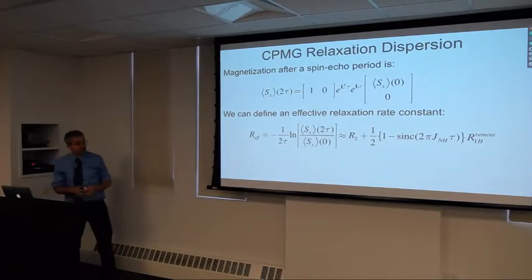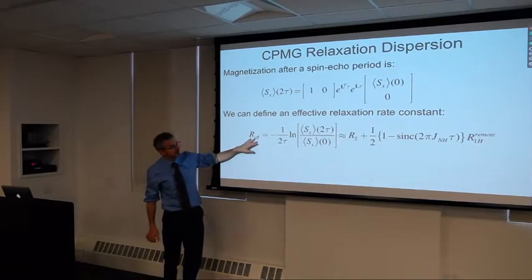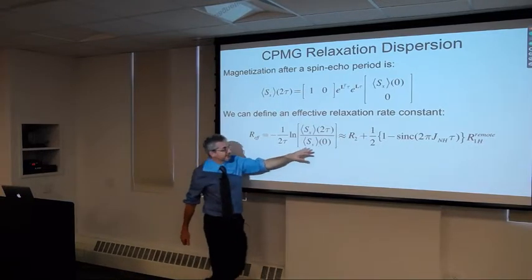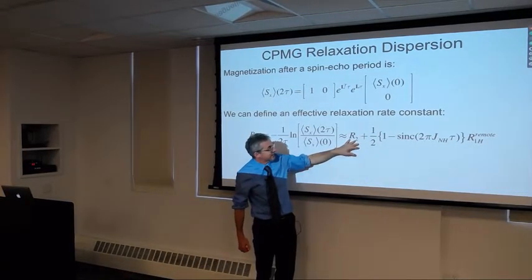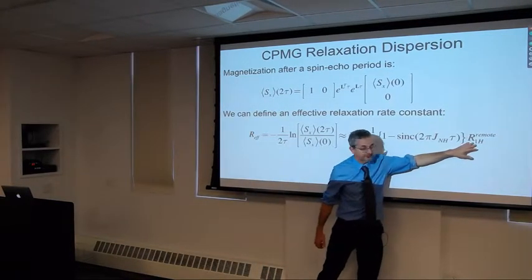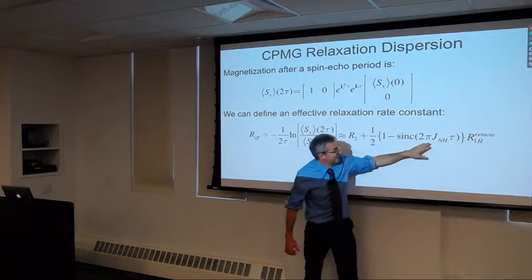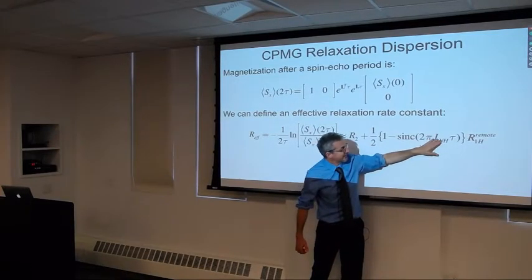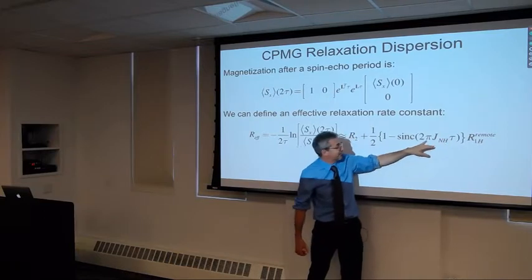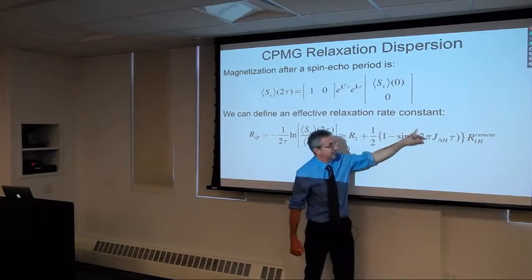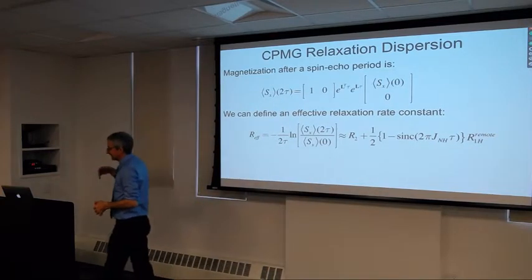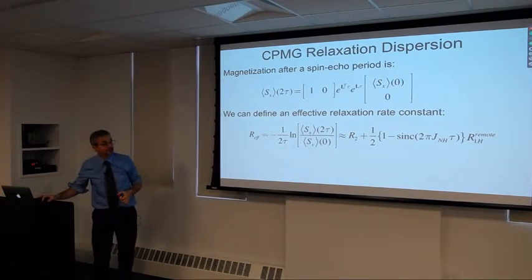And that leads to the definition of an effective rate constant in the spin echo that says I have R2 plus a contribution from the remote hydrogens that depends on the J coupling and the length of the time period tau, as we expect, and it turns out to be 1 minus a sinc function, if we go through and look at those matrix exponentials.